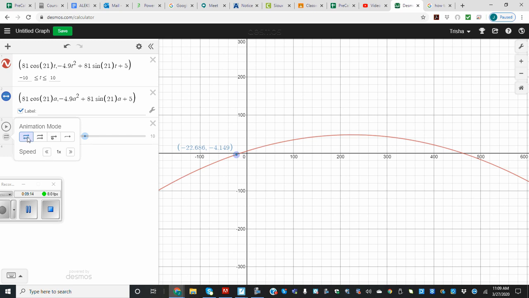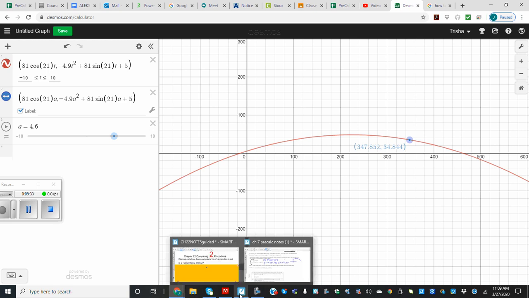You can just go slow and then hit record, so it'll trace the graph for you. But I like to manually have control over that, so I'm going to stop. Very cool. I had to YouTube it because I did not know how to do this on Desmos because I don't use Desmos. I use my Inspire.